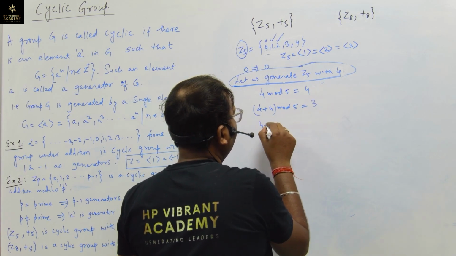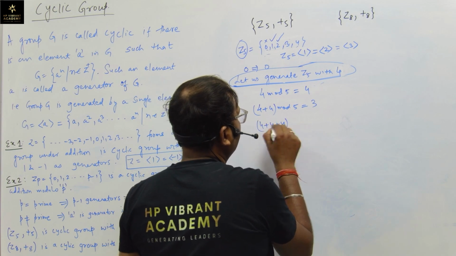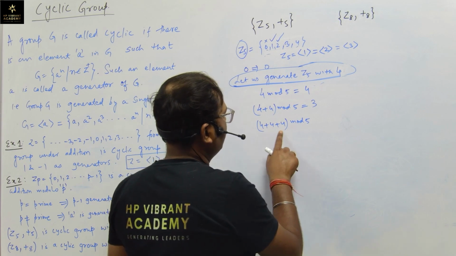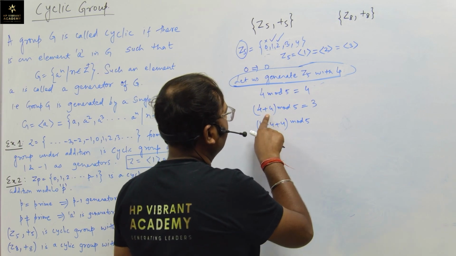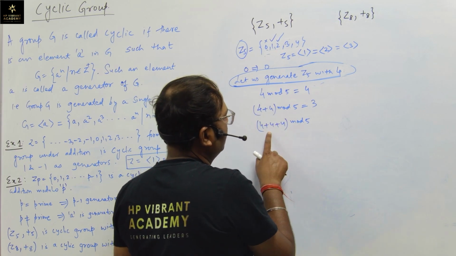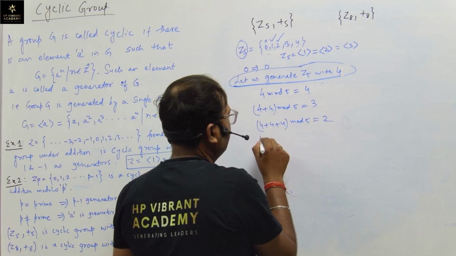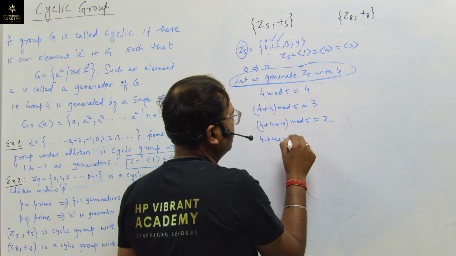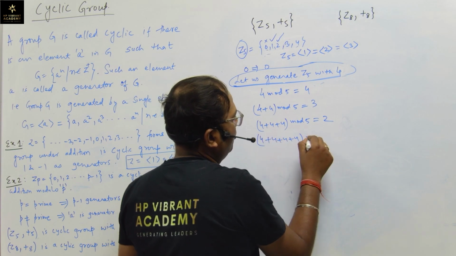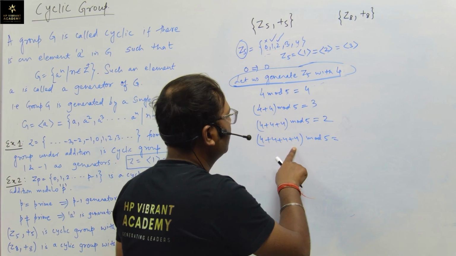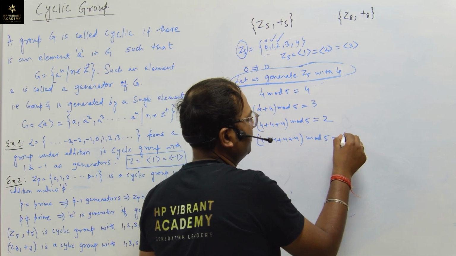Now we have 4 plus 4 plus 4 mod 5. So 3 times operation. We have 12 mod 5. So remainder is 2. Now we have 4 plus 4 plus 4 plus 4 mod 5. So this is 16. 16 mod 5. This means remainder is 1.